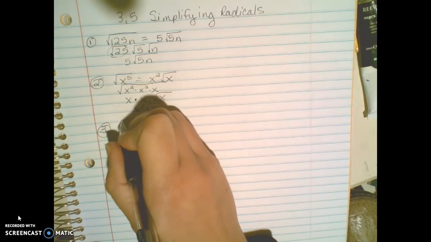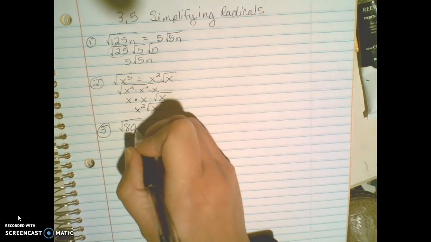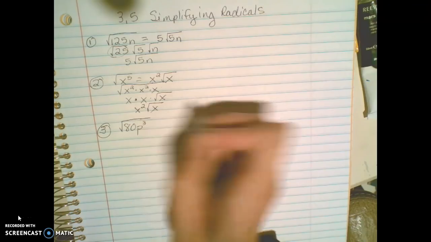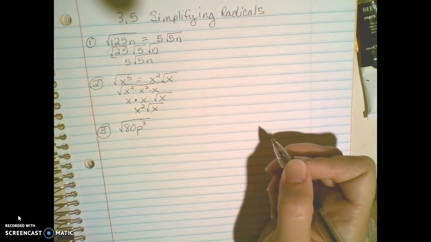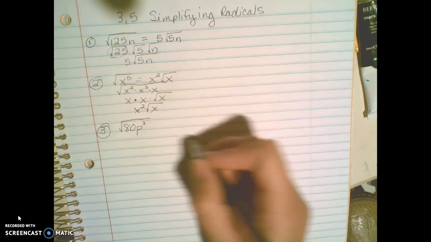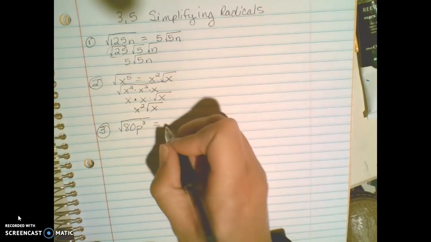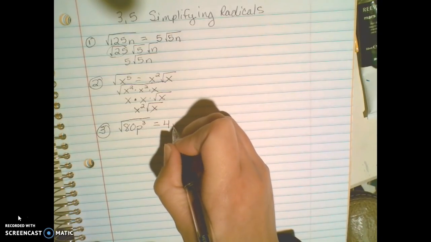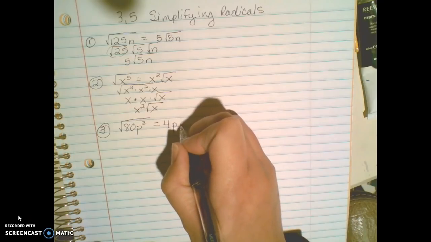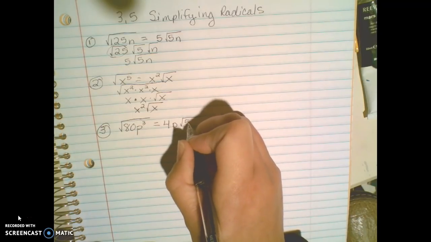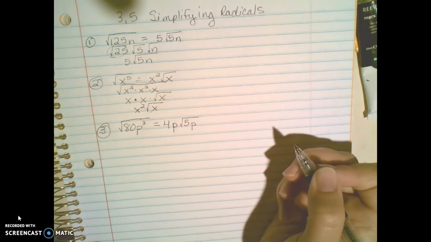Number 3 is the square root of 80p to the 3rd. So pause that and give it a try. The answer on this one is going to be 4p square root of 5p.